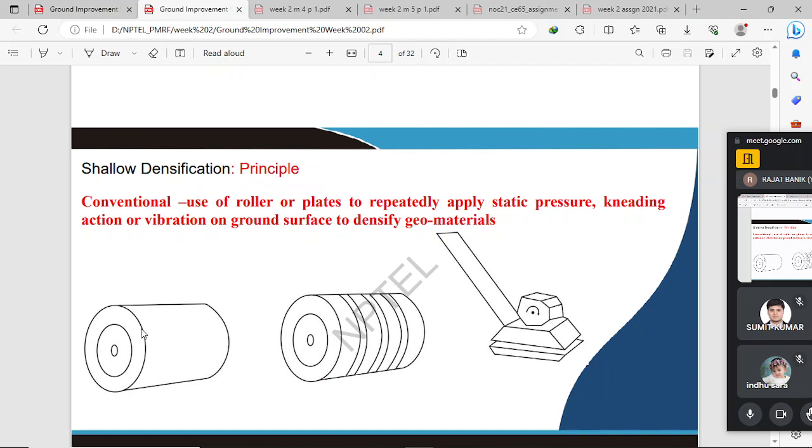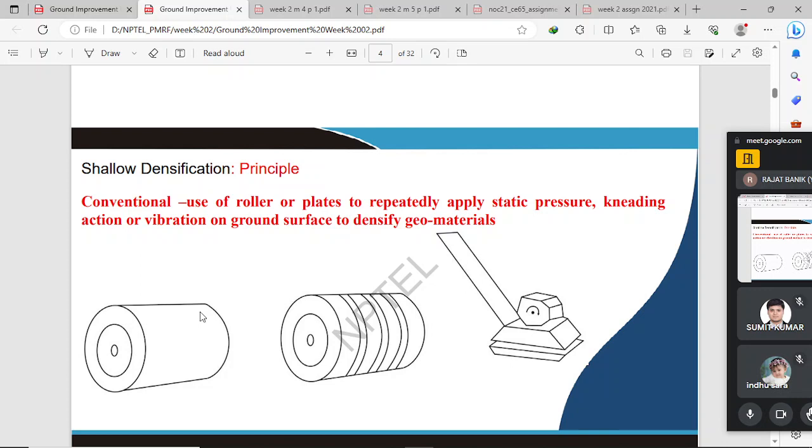Rollers and plates apply repeated static pressure, kneading action, and vibration on the ground surface to densify the ground. In the smooth wheel roller, we apply mechanical energy to smooth the ground surface, for finishing the top layer of the surface.